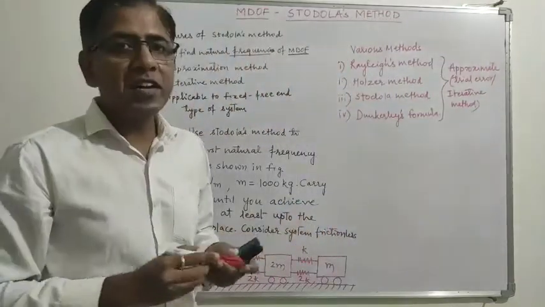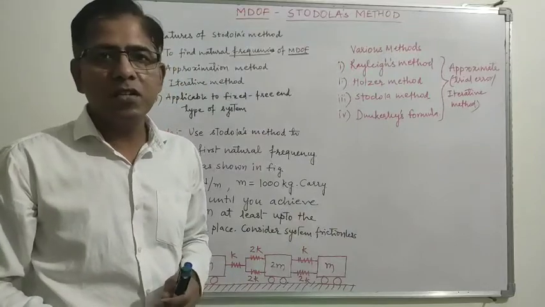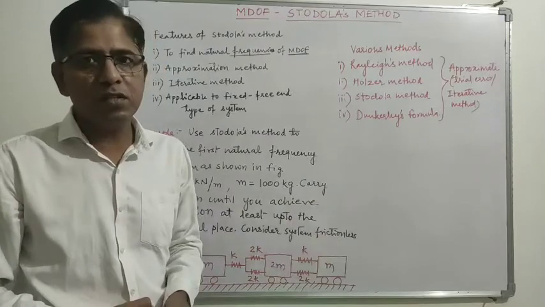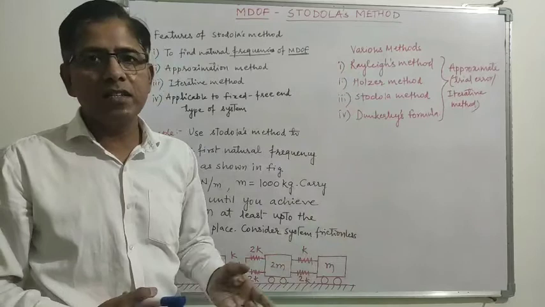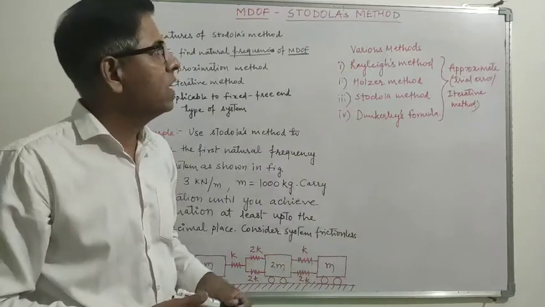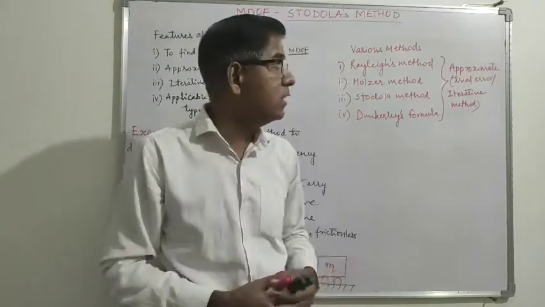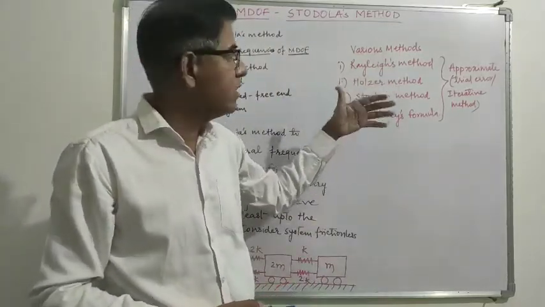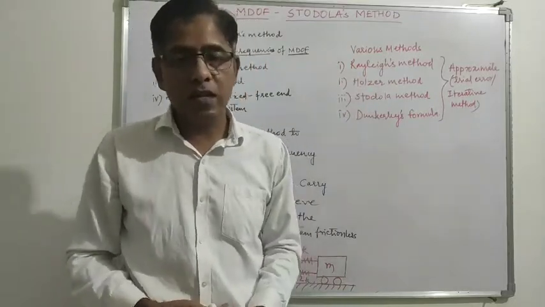So a number of iterations are required. The answer doesn't come in one iteration. At the end of a number of iterations, you will get the final answer, that is the final natural frequency. And a lot of assumptions are also involved in these methods. You need to assume various parameters in different methods to find out the natural frequency.